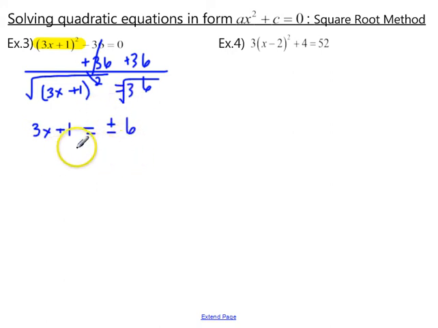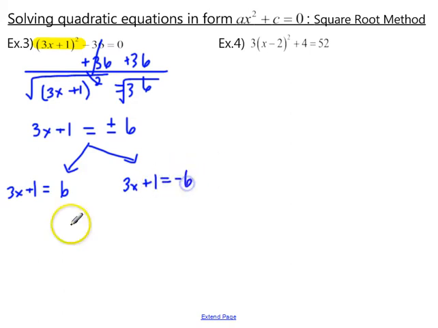So this is where we're actually going to split into two different problems. The first one is going to be 3x plus 1 equals the positive 6. And the second one is going to be 3x plus 1 equal to negative 6. Now let's solve for both x values. Subtract 1, you get 3x equals 5, and divide by 3.